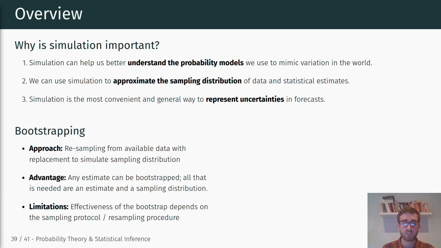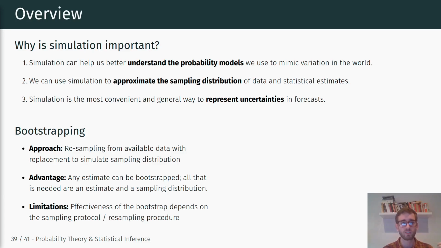But there are also limitations, specifically the fact that the effectiveness of the bootstrap crucially depends on the sampling protocol and the resampling procedure, right? So if you have more complex data structures like time series or hierarchical data and so on, then your bootstrapped standard errors and your bootstrap uncertainty estimates can be far off and can basically make you think that there's a lot more precision than there actually is, or less, because it's not taking into account the underlying data structure properly.